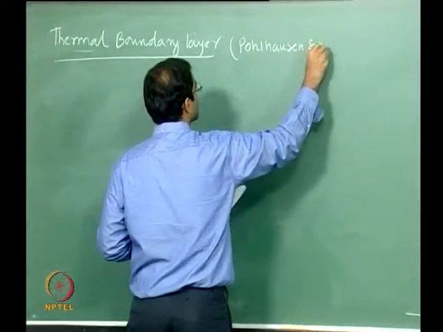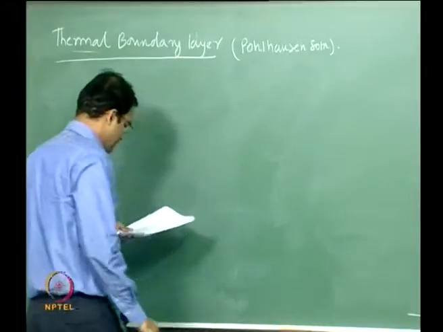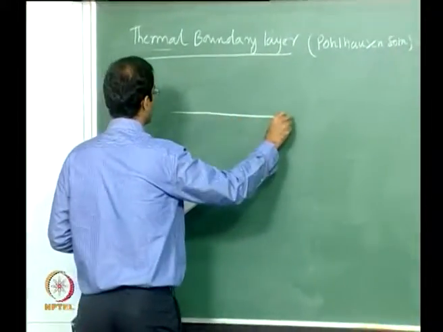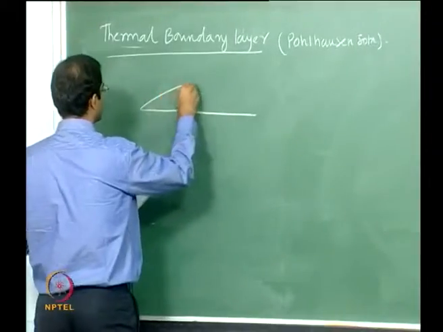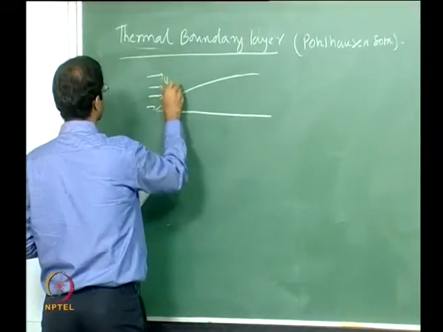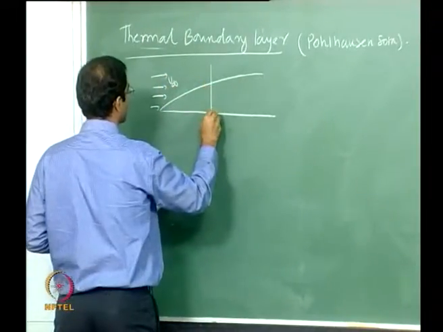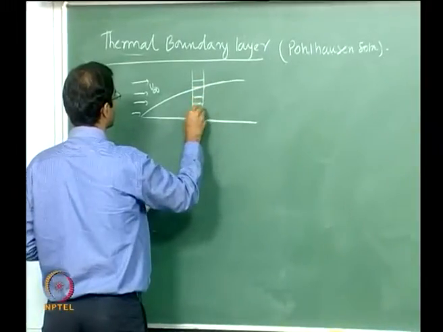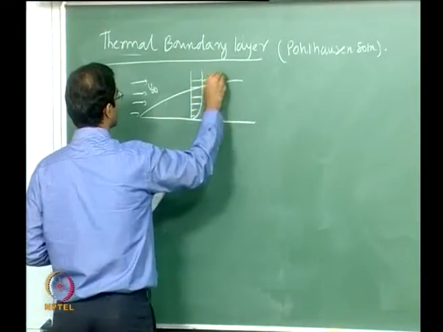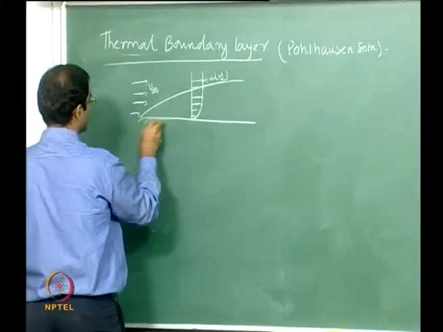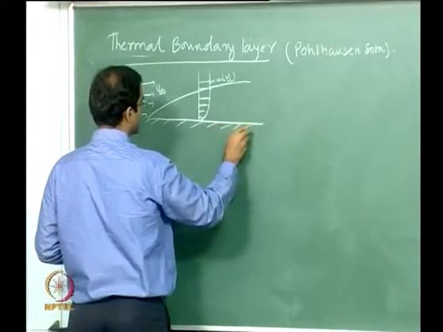solution. Okay, so in the case of heat transfer, you very well know that earlier we had considered only the fluid flow and this was the velocity profile. So now you are maintaining this surface at a constant temperature.